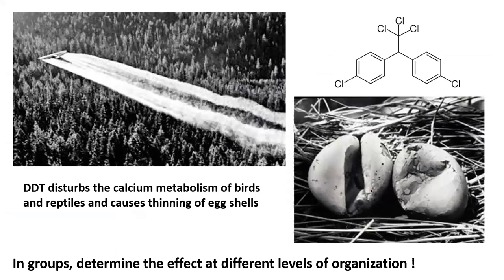I feel like with the eggs not having strong eggshells, it could minimize the population and it could really affect the community, because on a community level, maybe the main prey of the bird, like some sort of insect, would be an invasive species if it were not for the bird. Okay, so it would increase in numbers. The insect species would increase in numbers because they don't have predators. Yeah. Okay, very good, very good.